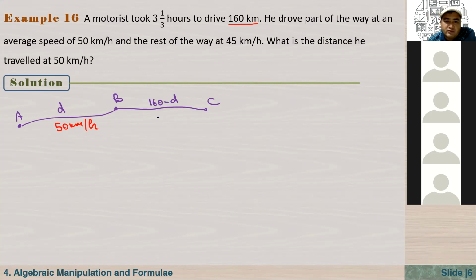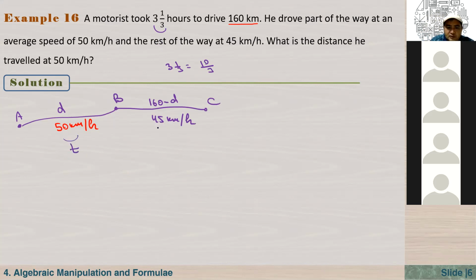And also it says that the remaining part, he actually traveled at an average speed of 45 kilometers per hour, right? And also it says that a motorist took 3 and 1/3 hours, that is 10/3. It is the total time, right? Let's say to travel from A to B, he spent t hours.